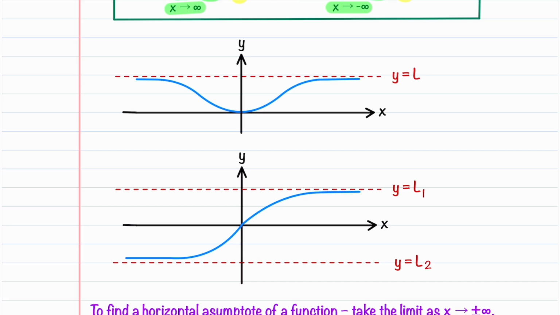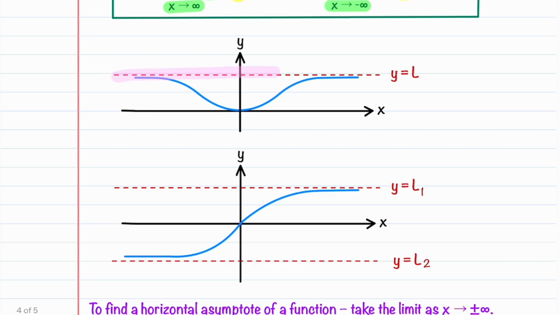Here's an example of a function that has 1 horizontal asymptote, and that horizontal asymptote is defined to be y is equal to L. In our next picture, I have a function that has 2 horizontal asymptotes. The first asymptote comes from when x gets really, really large, and it's defined as y is equal to some number L1.